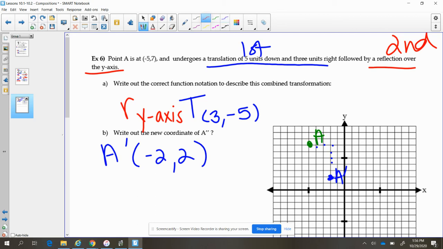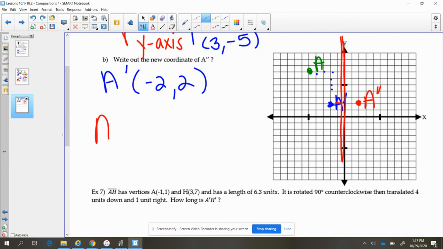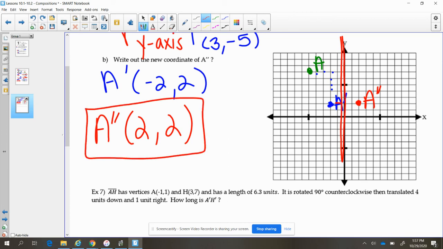Now, the next piece wants us to reflect it over the y-axis, which is this one right here. So we were 2 units from the y-axis, which means we need to be 2 units on the other side as well. So again, switching that x value from negative 2 to positive 2, since it reflected over the y-axis. This then would be your final location of A double prime after the double transformation.